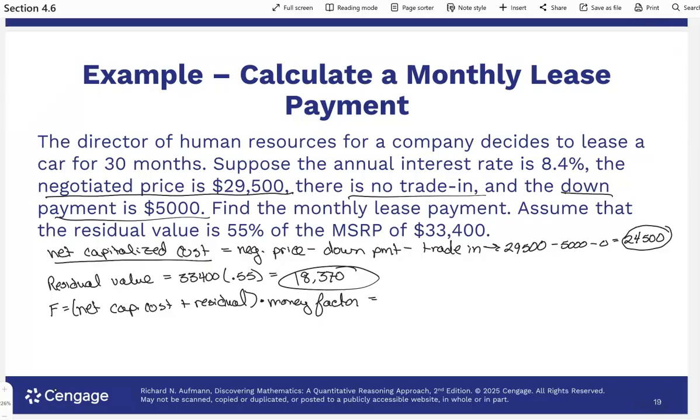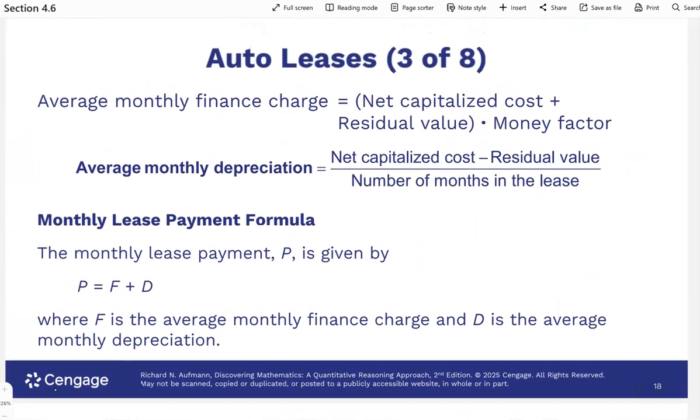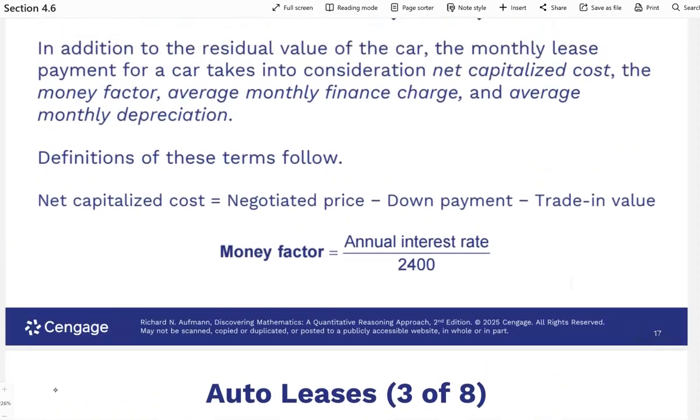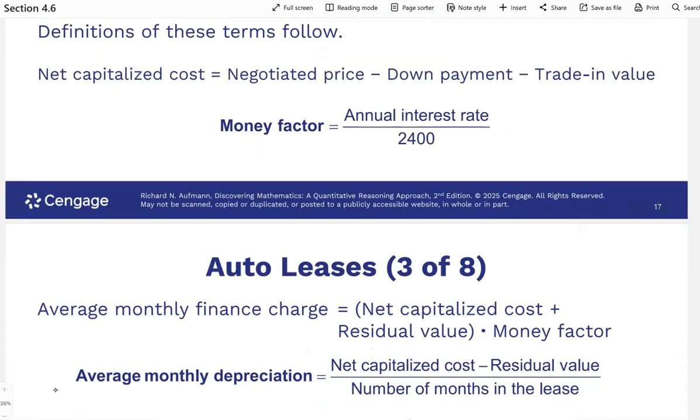So net capitalized cost was 24,500. The residual is 18,370. We're going to multiply that by that money factor. Money factor is the annual interest rate divided by 2,400.